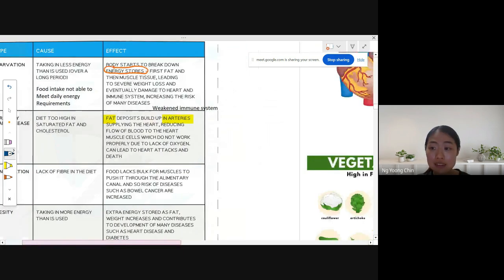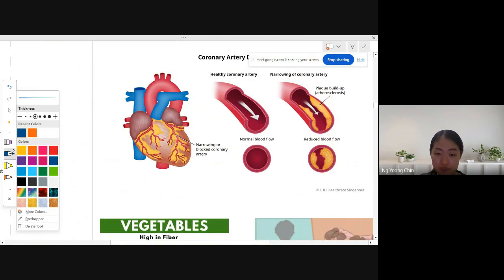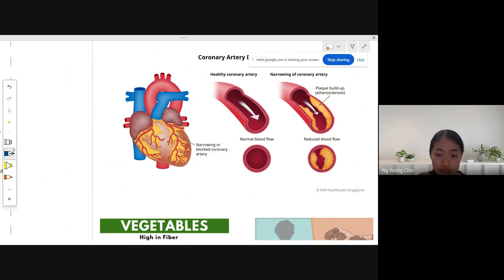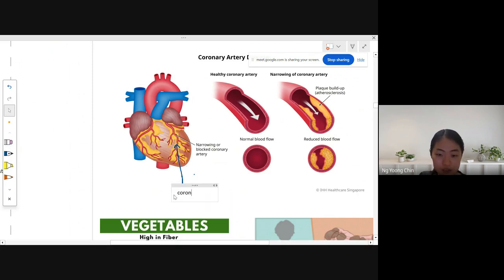It will be in this artery, see this artery? They help to supply oxygen and nutrients to the cardiac muscle.